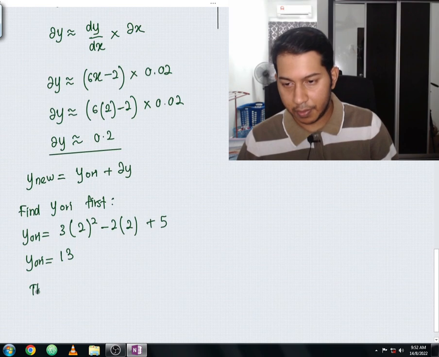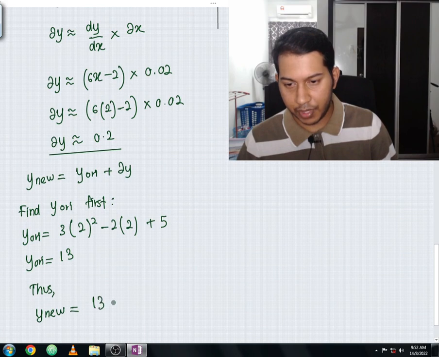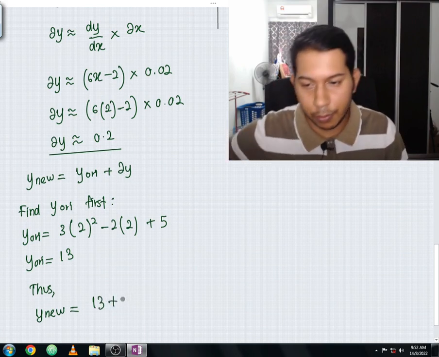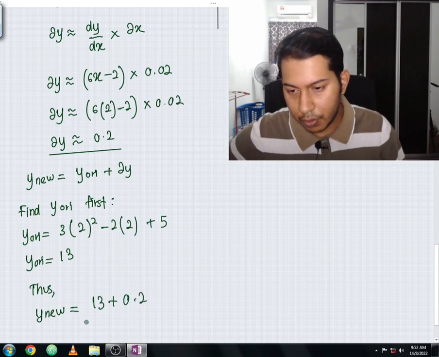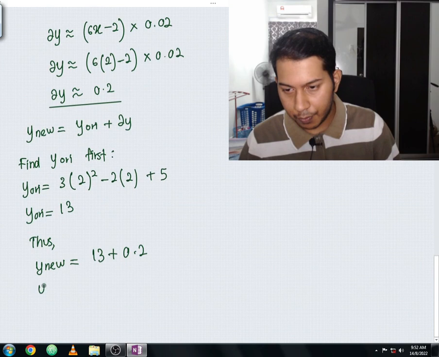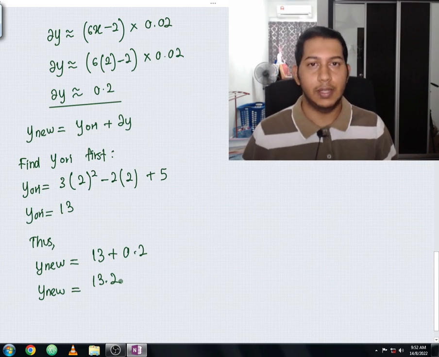So thus, y new is equal to 13 plus delta y. So delta y in this case is 0.2. So from here your new y value will be equal to 13.2. So this is your answer, guys.